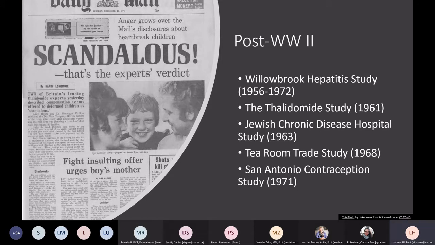Then in 1968, we find the Tea Room Trade Study, which was a study on homosexual practices in public restrooms and on the men who took part in these acts. The researcher went undercover and gained the confidence of the men by acting as a lookout. The researcher then identified 100 active subjects by tracing their car license numbers.